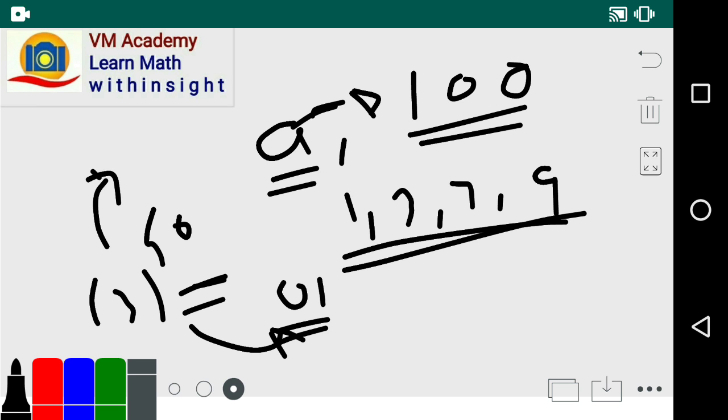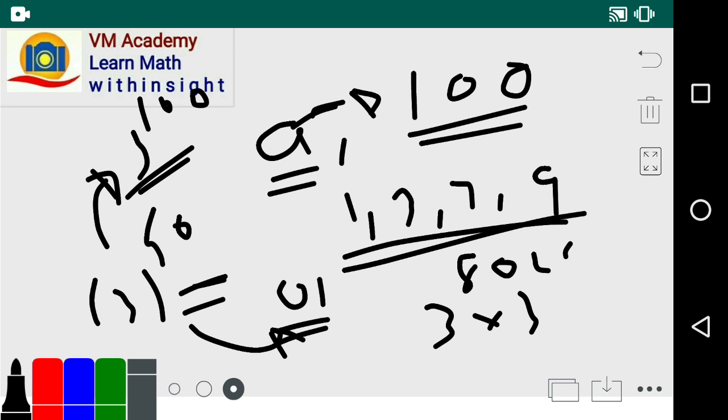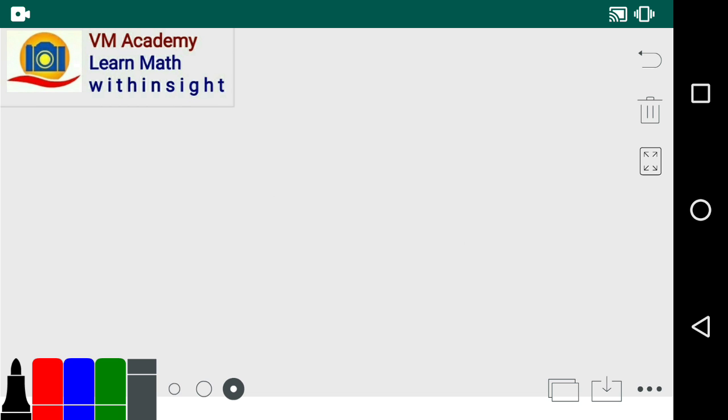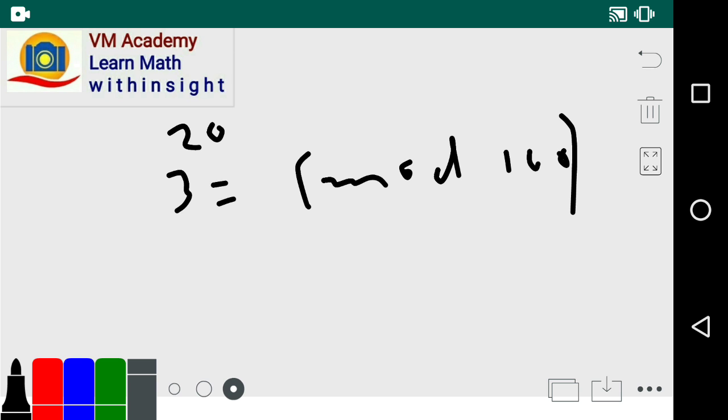And what is 3 raised to 100 then? 3 raised to 80 is also 0 1, friends. Now for 3 raised to 20 we have to calculate, so what is 3 raised to 20 modulo 100? Say it is r.